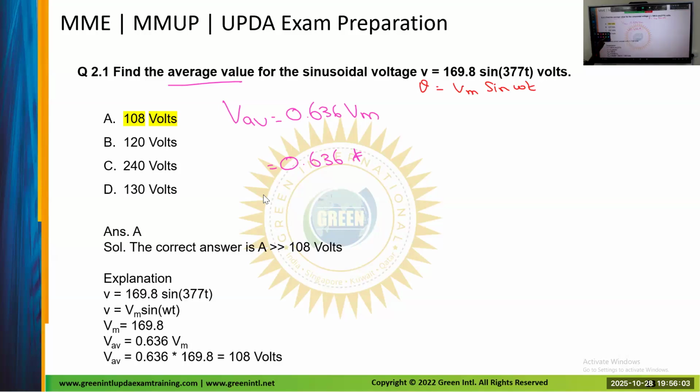From this we get the value Vm. Vm is equal to 169.8. So we substitute 169.8 and multiply by this number, we get the answer. That's all.